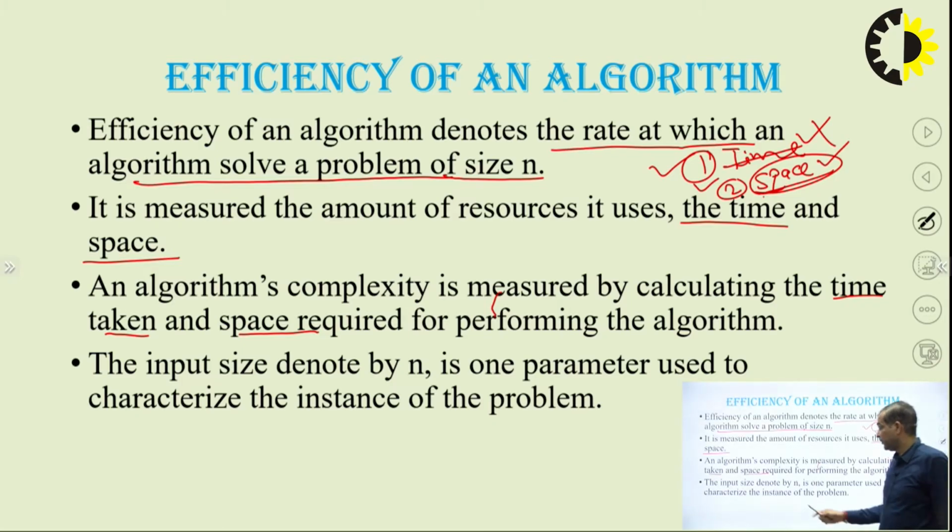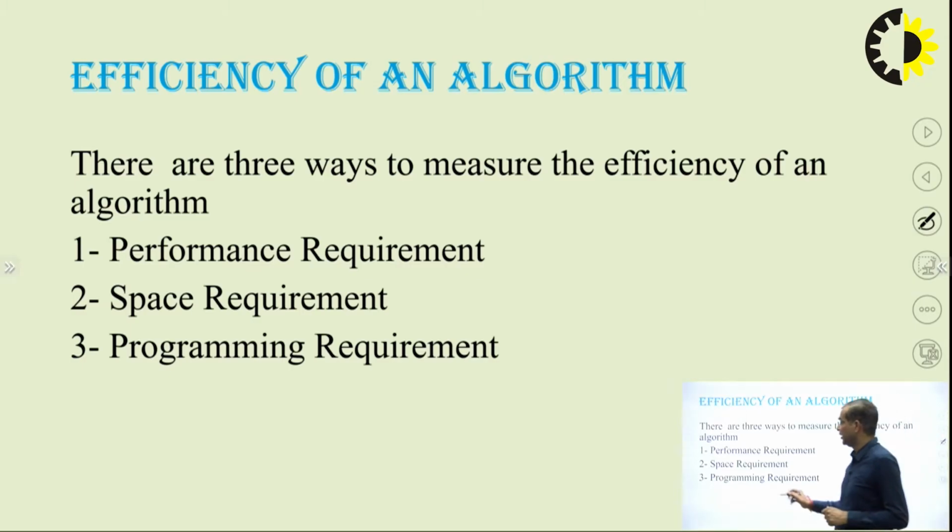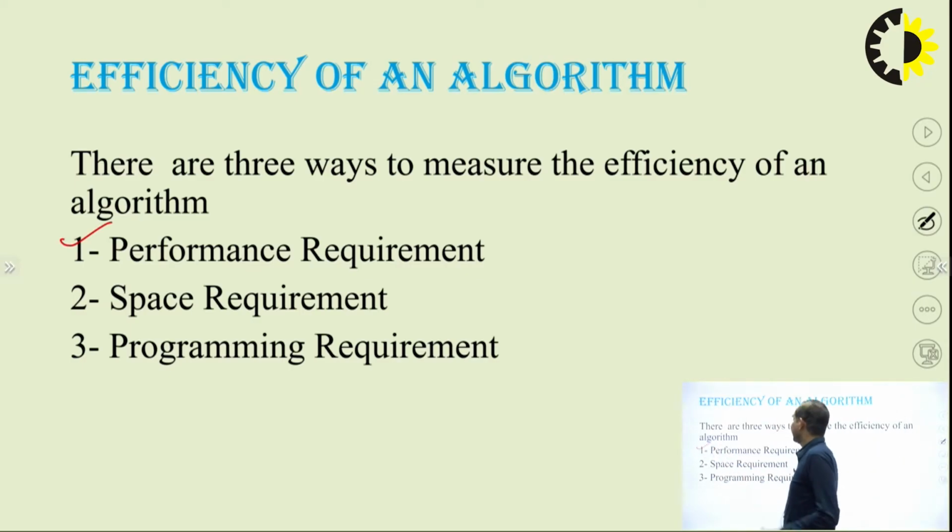Next, if we denote the input by n, then the parameters are used for the characteristics of the problems. Clear? As we discussed, when we write down an algorithm, the efficiency of the algorithm can be measured by three factors. Number one is the performance requirement.